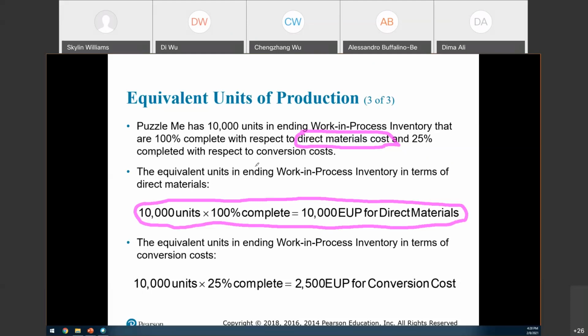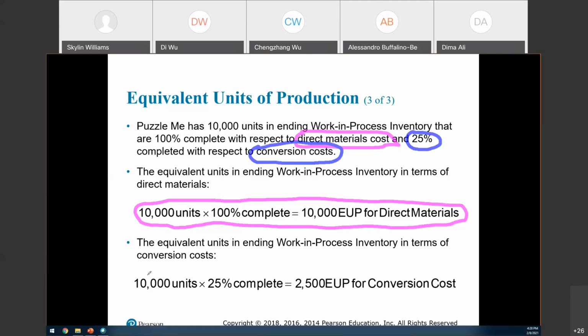But next, regarding conversion costs, it is only 25% completed with respect to conversion costs.